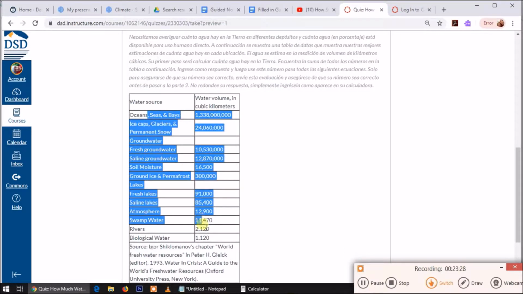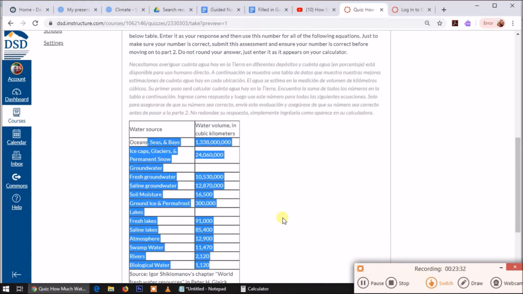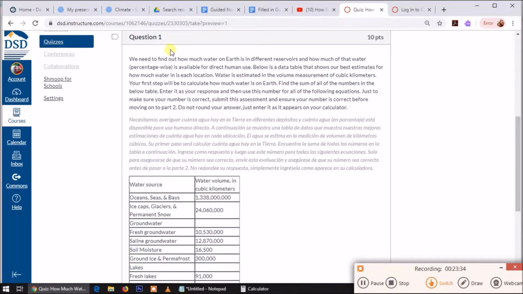What it's going to ask you to do, it says we need to find out how much water on Earth is in different reservoirs and how much of that water, percent-wise, is available for direct human use. Below is a data table that shows our best estimates for how much water is in each location. That's written wrong. Water is estimated in the volume measurement of cubic kilometers.